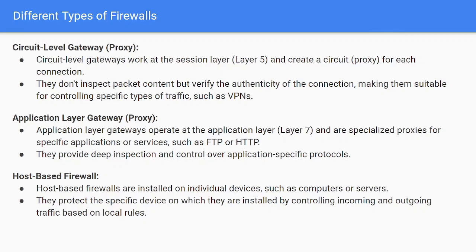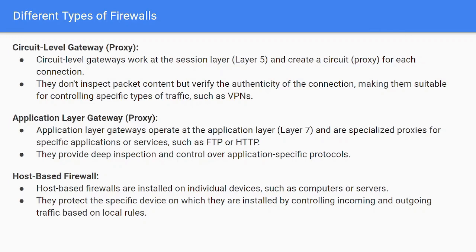The next point is host-based firewall. Host-based firewalls are installed on individual devices such as computers or servers. They protect the specific device on which they are installed by controlling incoming and outgoing traffic based on local rules.